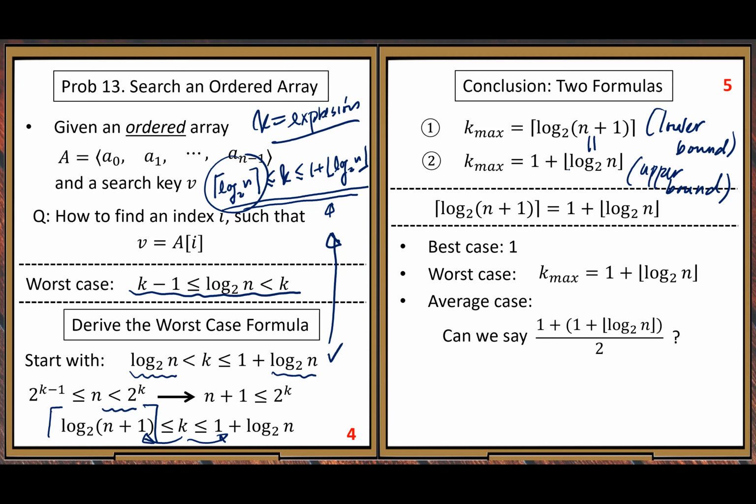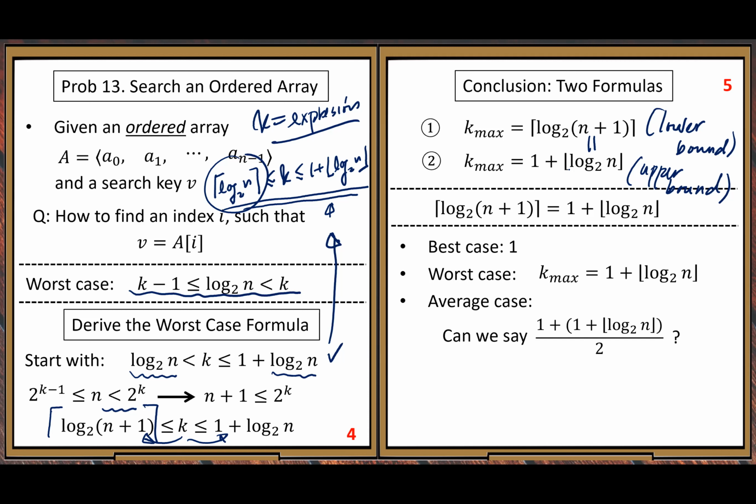The question: can we say the average case equals the best case plus the worst case divided by 2? No, because only when the data is distributed evenly can you say that.